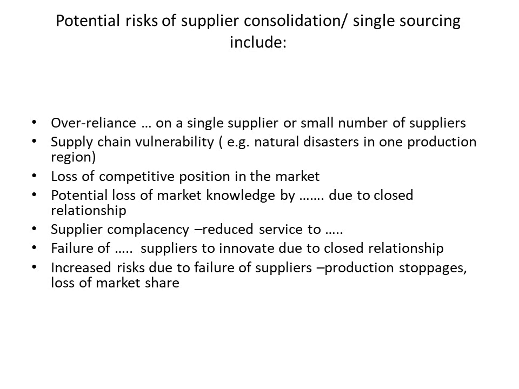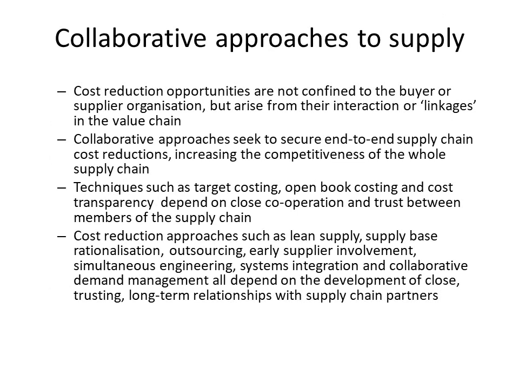Some fairly obvious limitations. The collaborative approach, which is tiering, reducing suppliers and working with only a few suppliers, gives you more cost reduction opportunities. It's about seeking end-to-end supply chain cost reductions and increasing the competitiveness not just of your company but the whole supply chain.